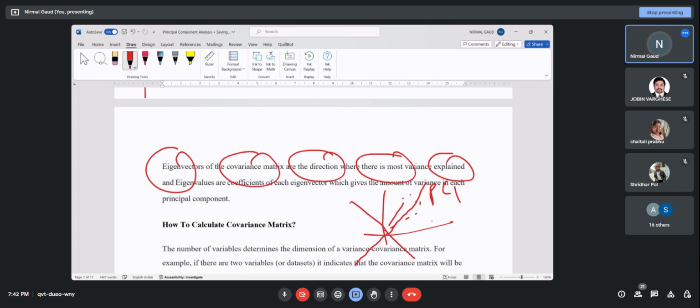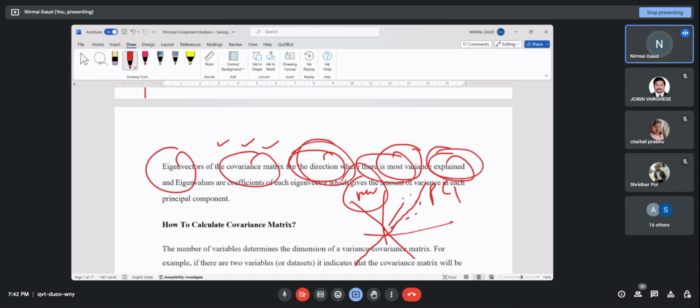This is PC1 and PC2, something like this. Let's read what it says: eigenvectors of the covariance matrix are the directions where most variance is explained.